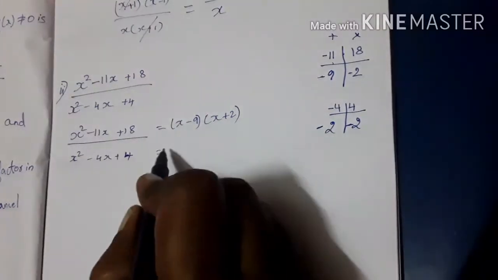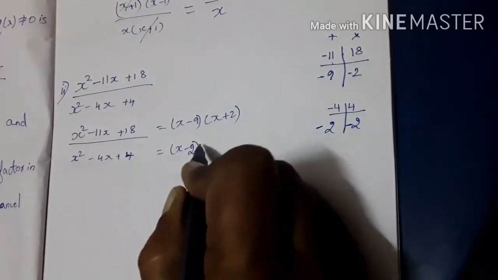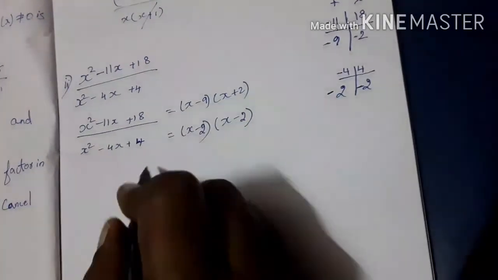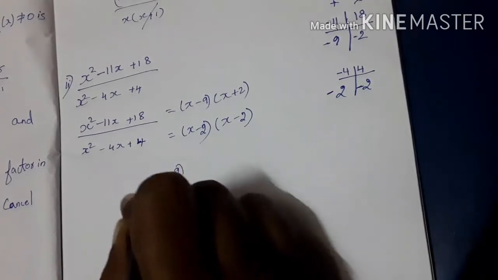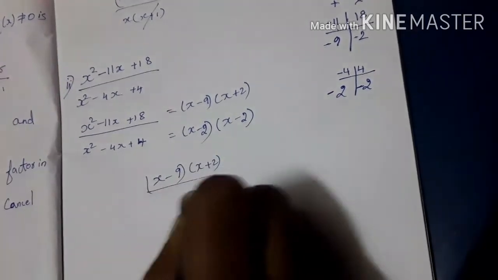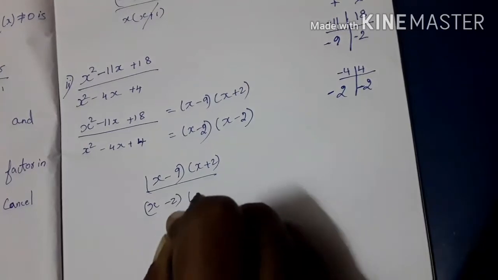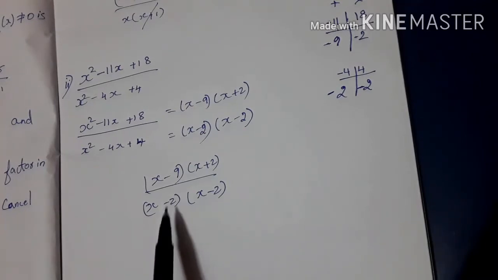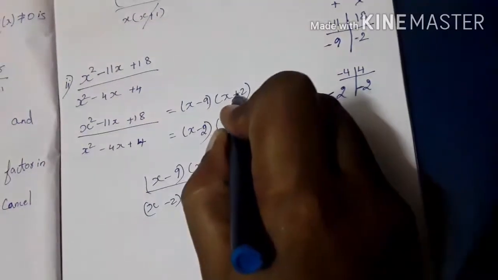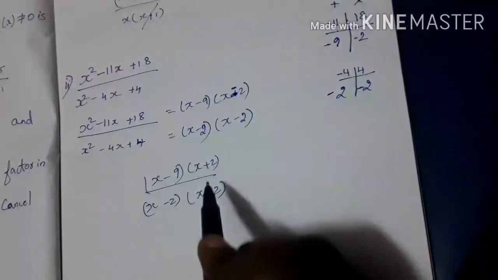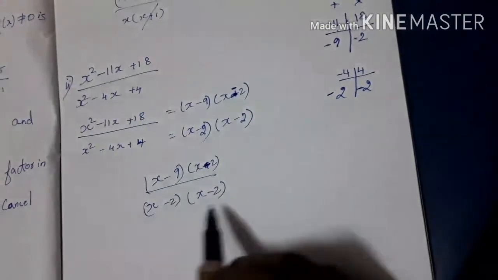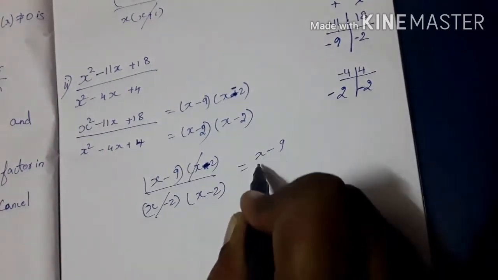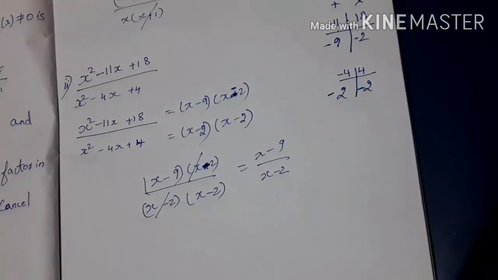So the factors of this polynomial are (x minus 2)(x minus 2). Now we write it and cancel: (x minus 9)(x minus 2) over (x minus 2)(x minus 2). We cancel x minus 2, remaining x minus 9 divided by x minus 2. That's all.